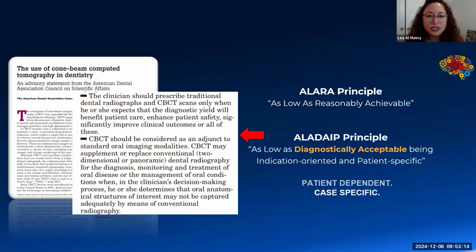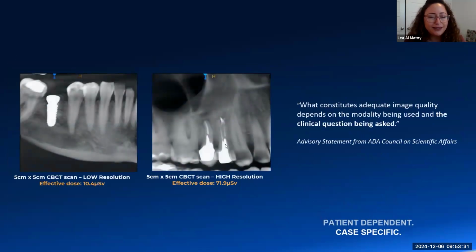And I think this principle came from having radiation exposure parameters closer to each other between CBCT, 3D, and 2D. Those numbers are now very similar to each other.